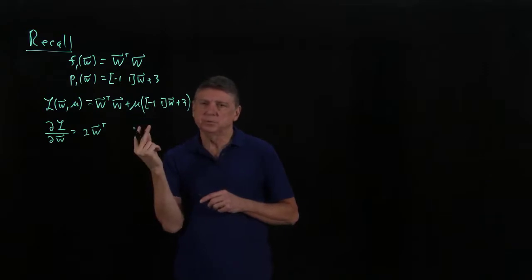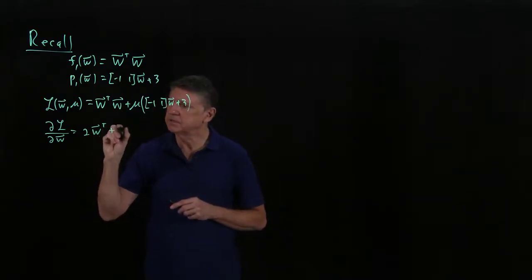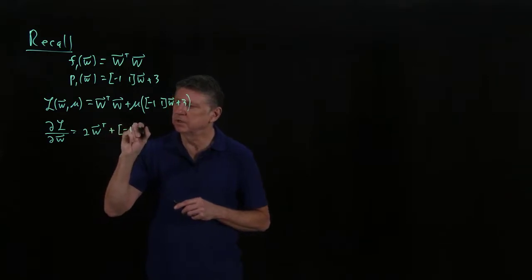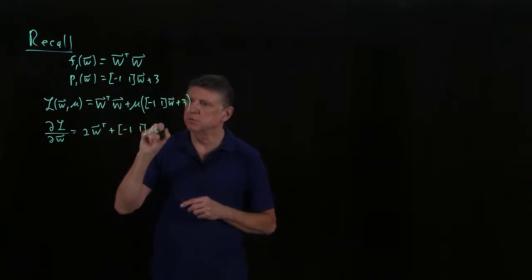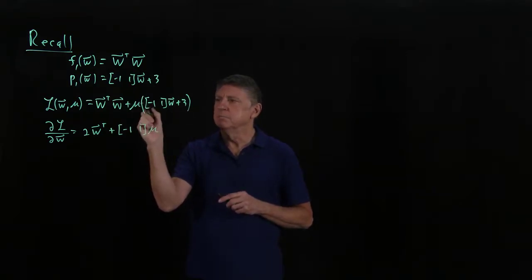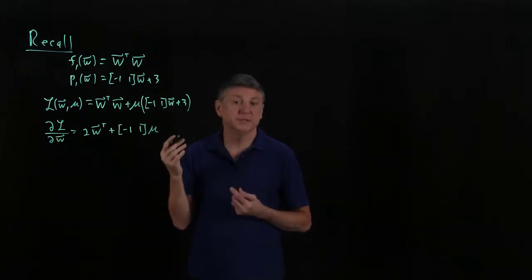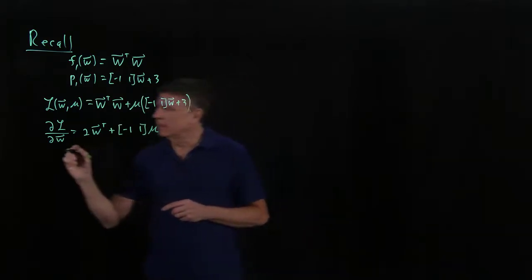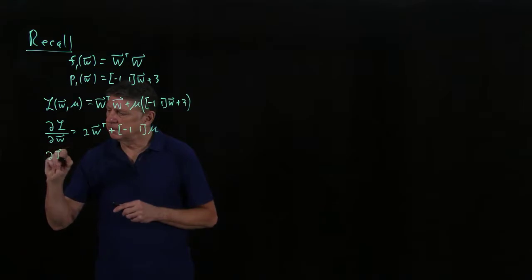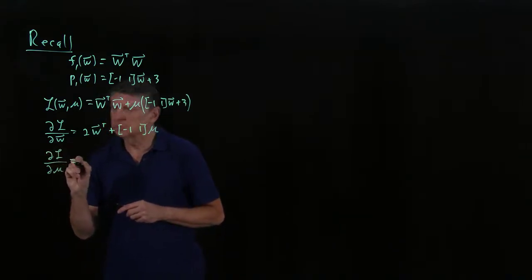I'm going to commute those, so that's plus minus 1, 1 times mu, and the other term is mu times 3, whose partial derivative with respect to W is 0, so we'll omit it. Next, we differentiate the Lagrange function with respect to the Lagrange multiplier.